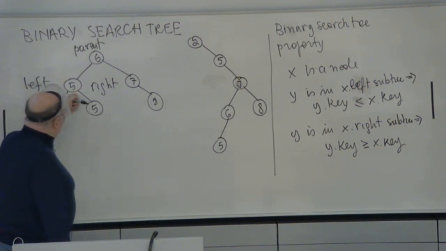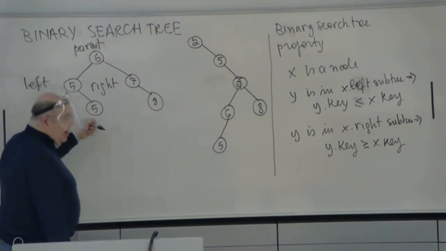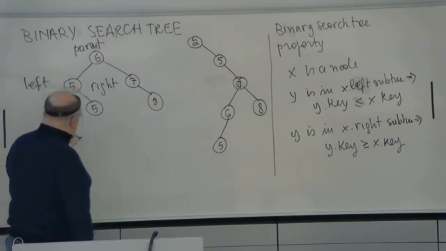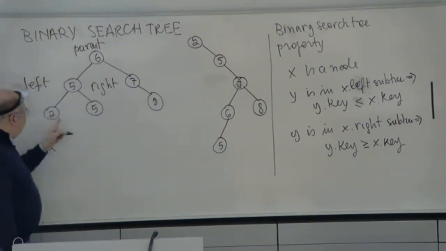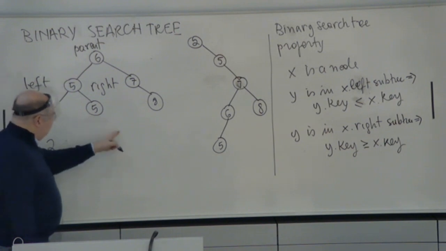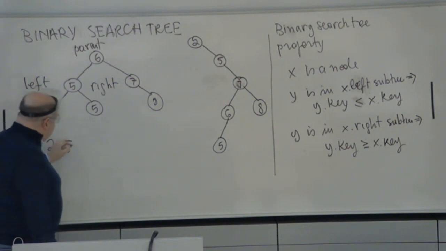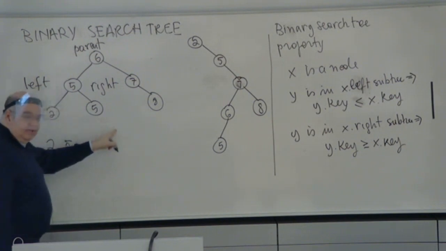And then you have 5. You already called the left. You now call the right, and so you start again for the right here. You get 5, and the same as for 2. The left child is empty, then you print 5, and then you call the right child, and it is empty.